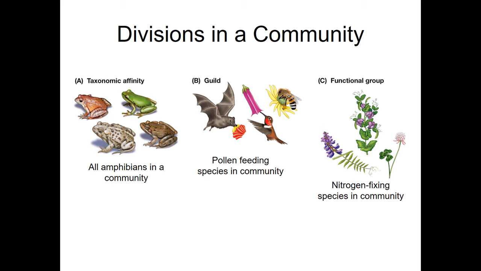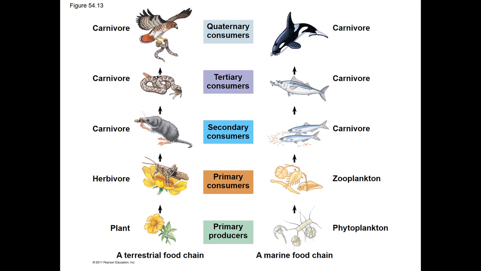So another way we approach looking at a community, and probably the most common way, is to look at what we call its trophic structure. The trophic structure of a community is the compilation of feeding relationships.